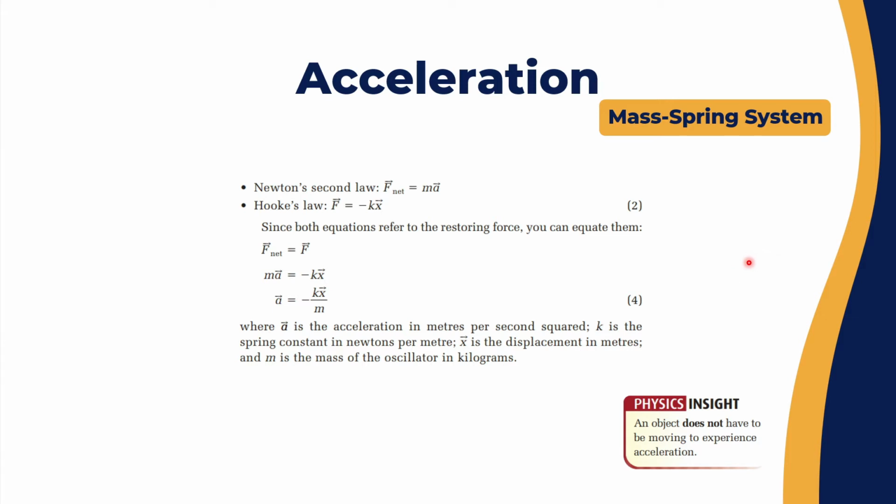But we know that the box will be pulled back and gain speed again, and the speed won't be constant, so the box will be accelerating. That's why they said an object does not have to be moving to experience acceleration, meaning momentarily. But personally, I don't buy this sentence, and I think this information is misleading, because the box in general needs to be moving at a varying speed to have acceleration. I don't care about momentary actions this time.